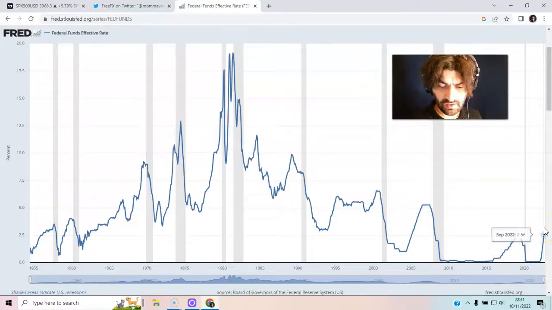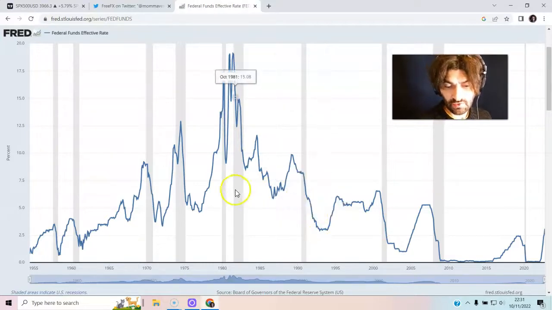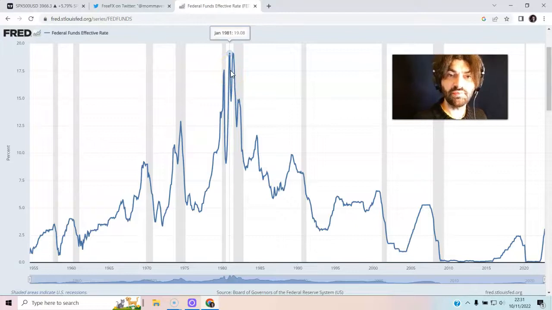Okay, so we are at levels that we have seen before, and we're trying to get to a point where inflation is under control. But we're not seeing the levels of the 80s, obviously, where we had rates up to nearly 20%. So we're certainly not in those situations there.